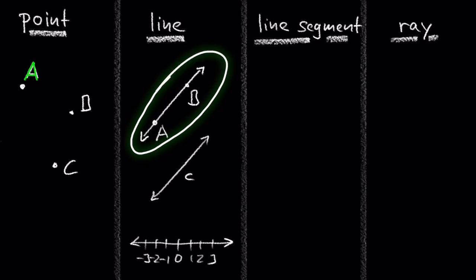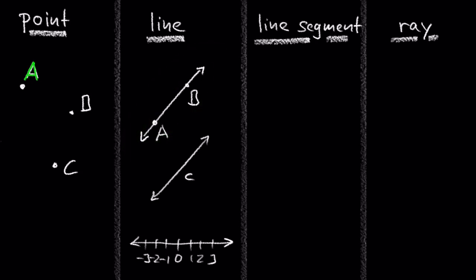This line contains A and B and is represented by AB with a double arrow line over the top, or by a single lowercase letter such as C. Notice that the lowercase c does not represent a point here.